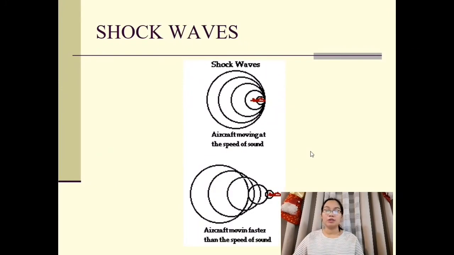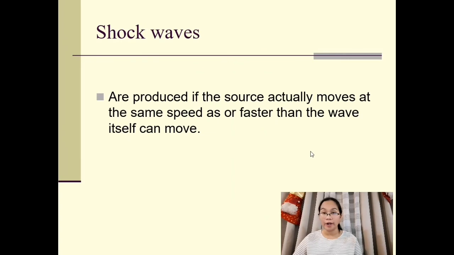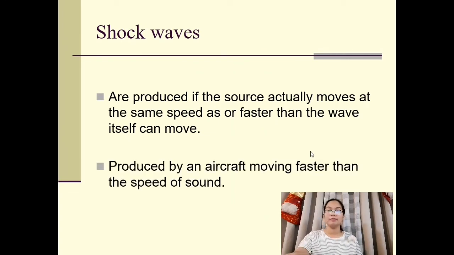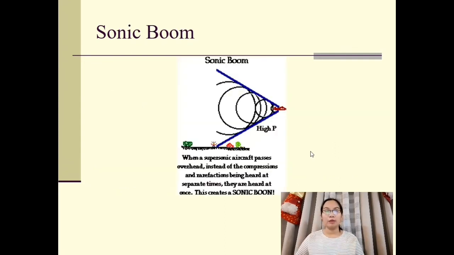Now, another phenomenon which could be associated with the Doppler effect is shock waves. Shock waves happen if we have an aircraft moving at the speed of sound, or actually moving faster than the speed of sound. They are produced if the source moves at the speed of sound or even faster.